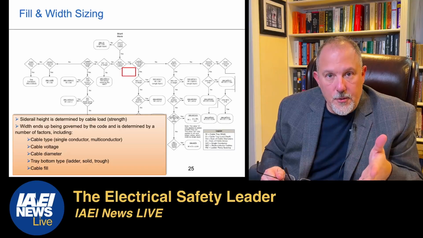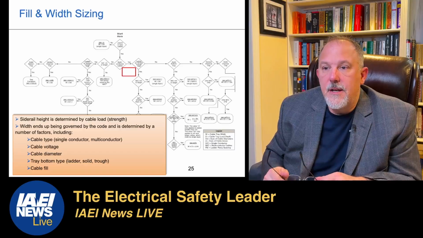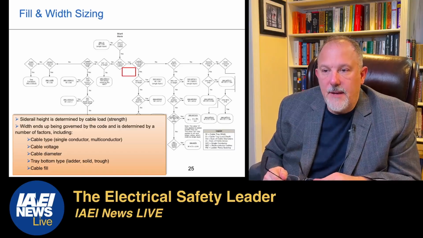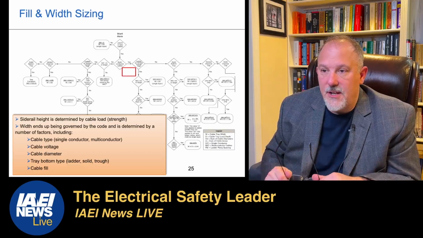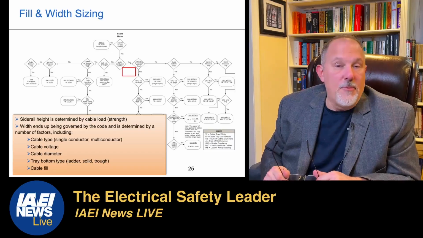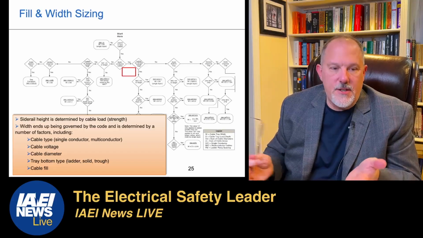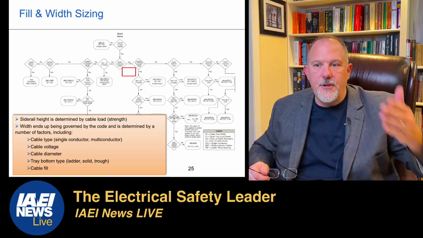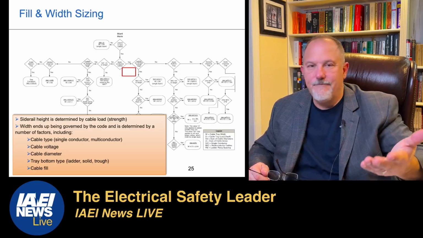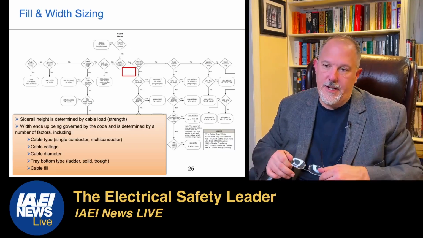It's in your required fill areas: cable type, cable voltage, diameter, tray bottom type, whether it's ladder, solid, or trough, and then cable fill. If you have X amount of cables, the table's going to tell you what your fill area is. You're going to do your calculation, and that will determine how many trays you're going to need.